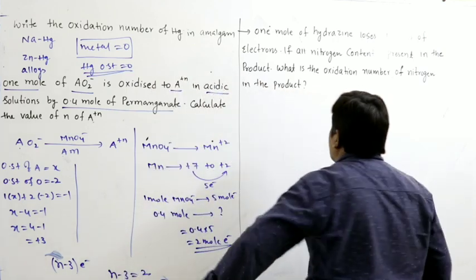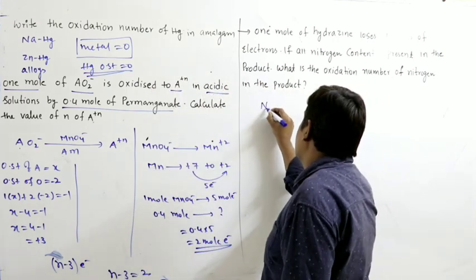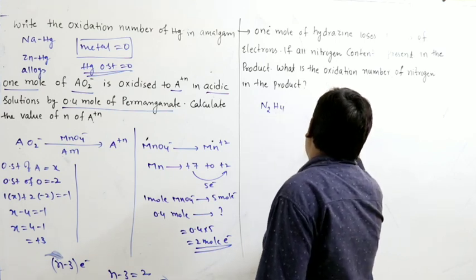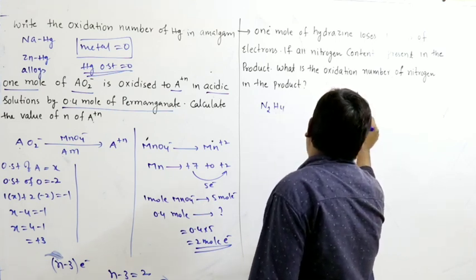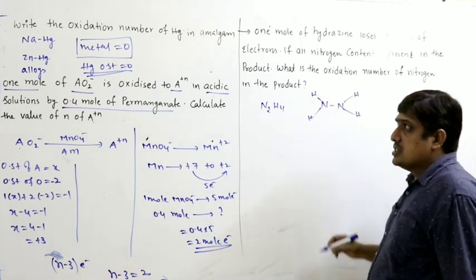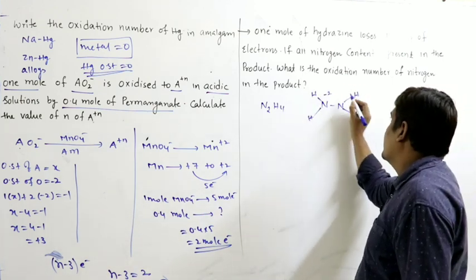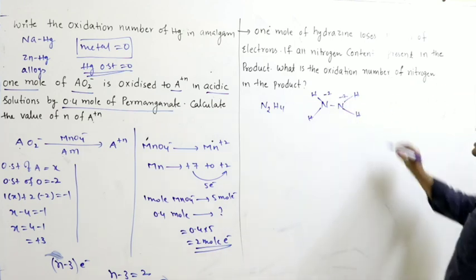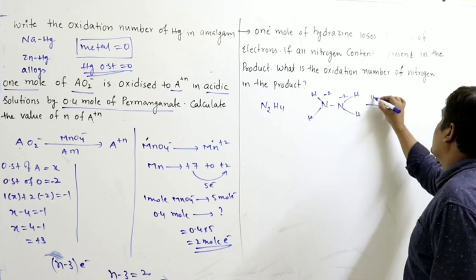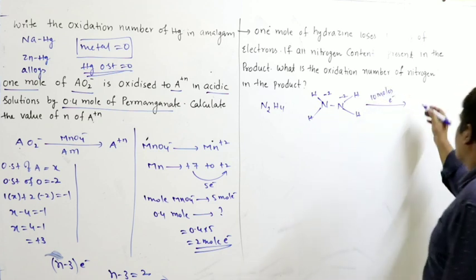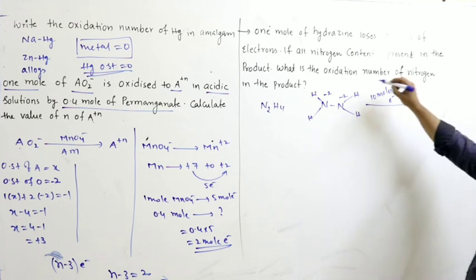Next one, 1 mole of hydrazine. What is hydrazine? N2H4. So if you find the oxidation state, it is minus 2 of nitrogen. It loses 10 moles of electrons into some compound of nitrogen.